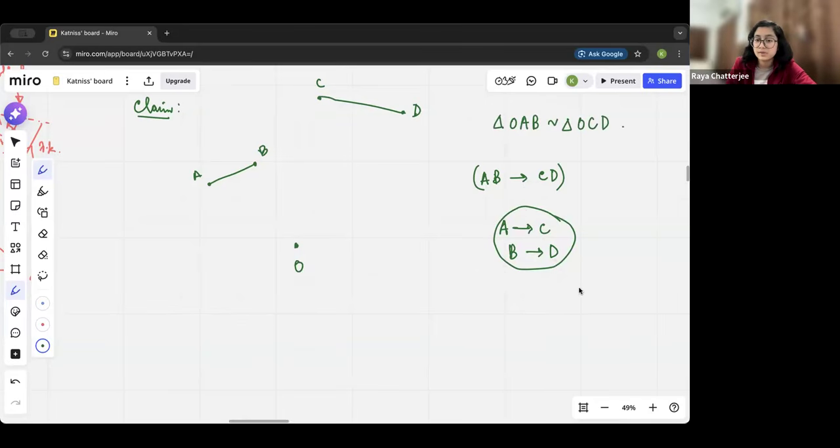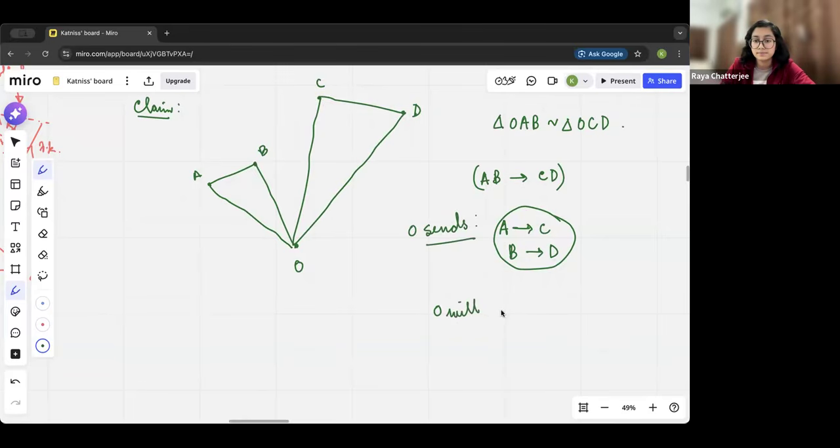Another interesting fact about spiral similarities, which we will prove later, is that if OAB and OCD are similar, then O will also send A to B and C to D. So if it sends A to C and B to D, then it will also send A to B and C to D. That is the condition of the spiral similarity.